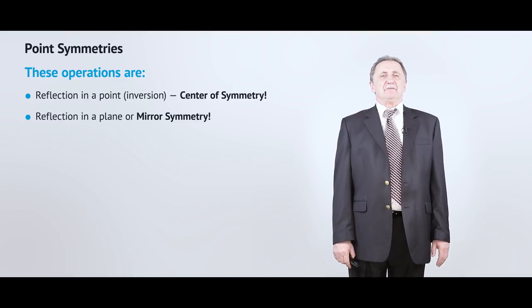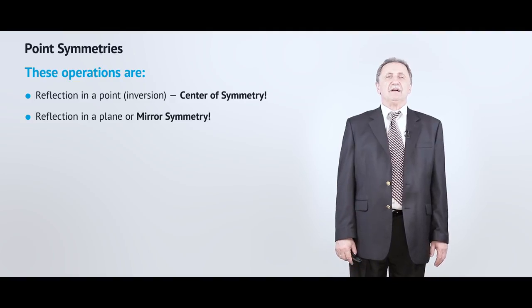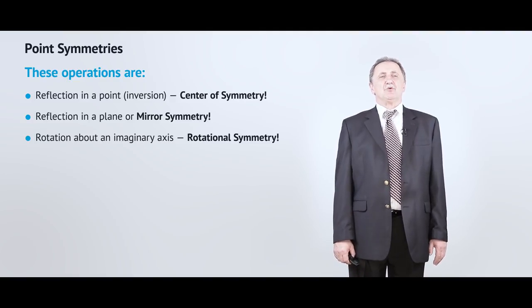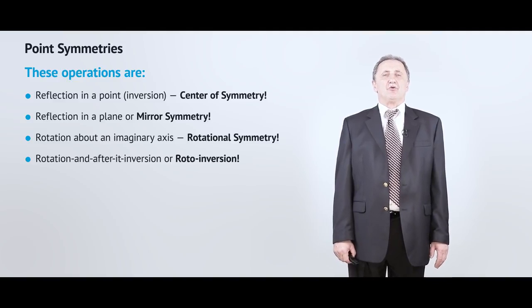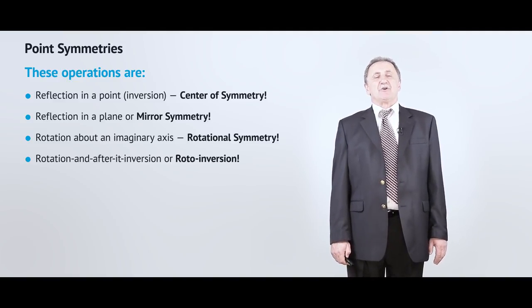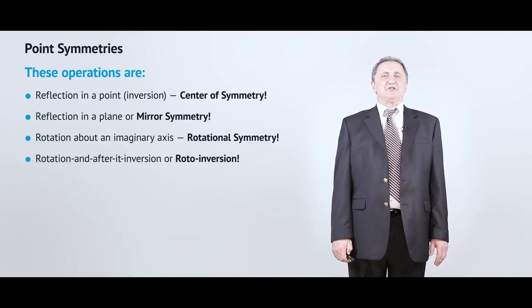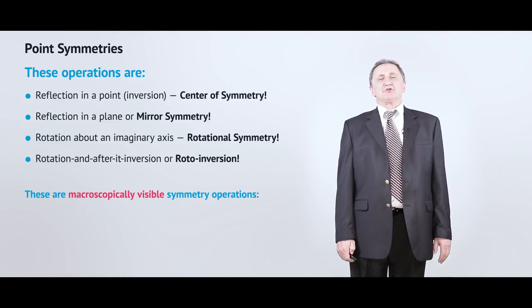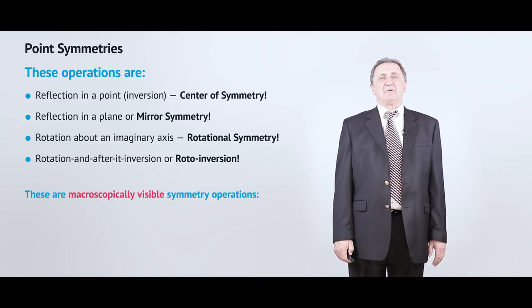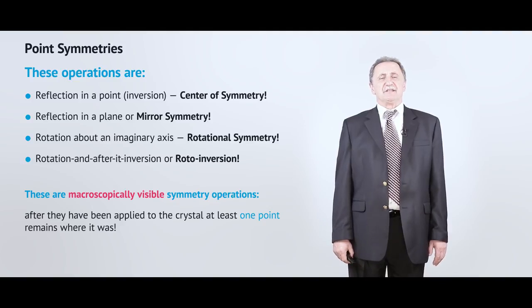Rotation about an imaginary axis, or rotational symmetry, is for sure also very well known to you. And the last one, not so well known, is the so-called rotation followed by inversion, or rotoinversion. I will give you an example and you will understand what it means. In general, it was shown that only these 4 types of point symmetries should be considered in order to describe all known classical unit cells and crystals.